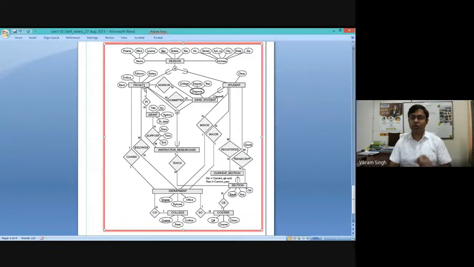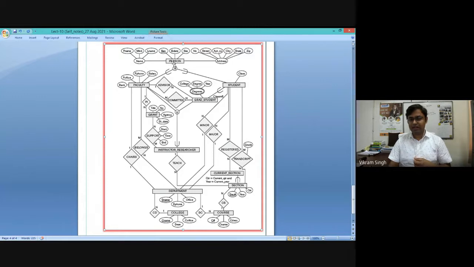And once you define these subclasses like faculty and student, right? You need to mention the relationship with the other entities also.